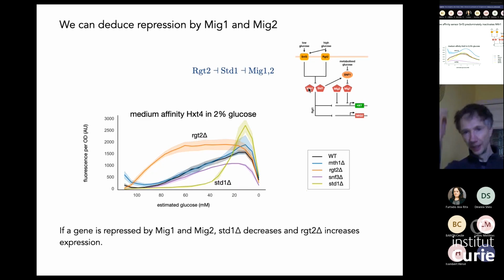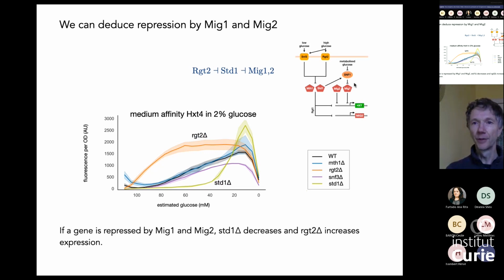We can even start to explore what's happening in this part of the network, which is the one we weren't initially focusing on, because of some of the feedbacks, of the control that's present in it. So you can see that we just said that RGT2 tends to control STD1. Okay, so I have this relationship.